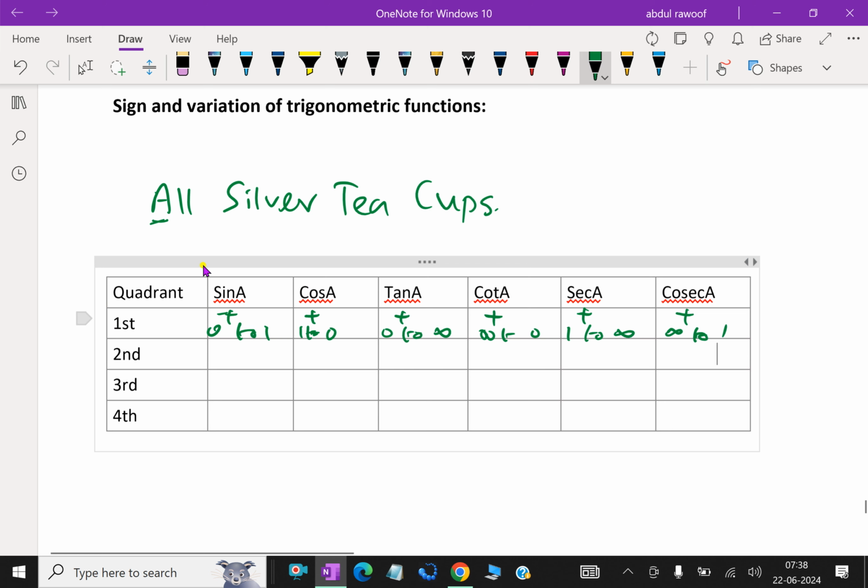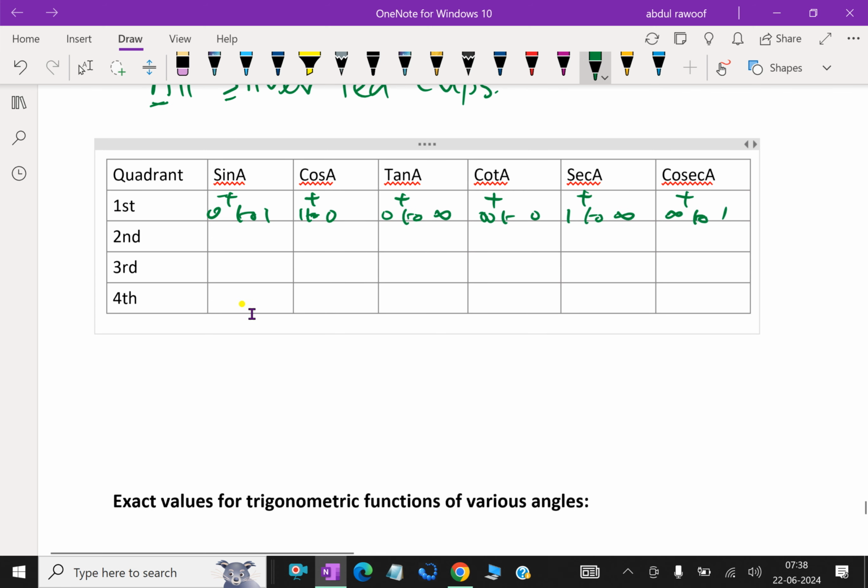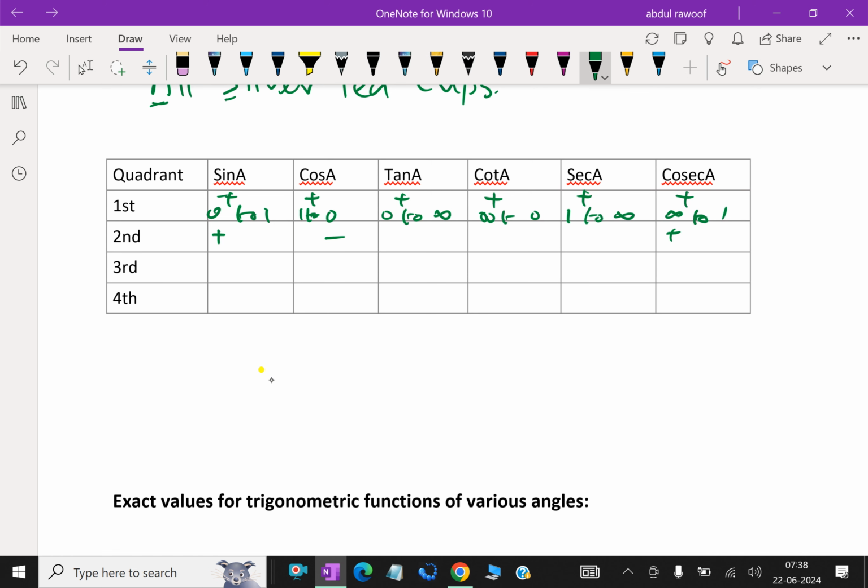In the second quadrant, sine and its reciprocal are positive. Sine is positive and its reciprocal is positive. The rest of them are negative.